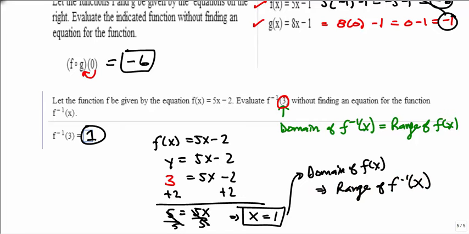So it's a little bit tricky. You need to remember to swap those around when you're working this problem. When you swap the domain and the range, it helps you find the inverse value without actually knowing what the inverse was.